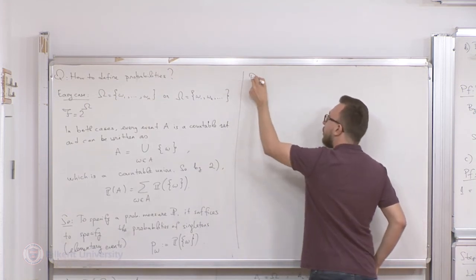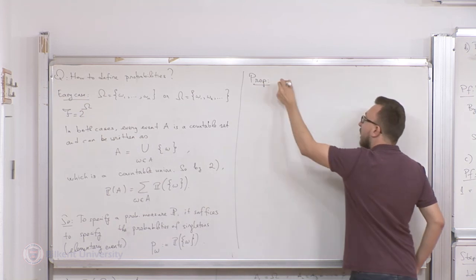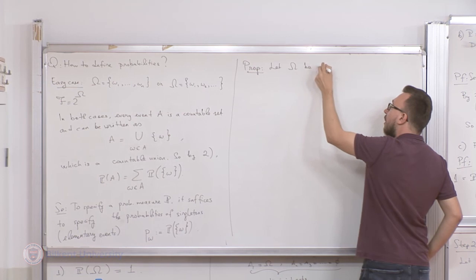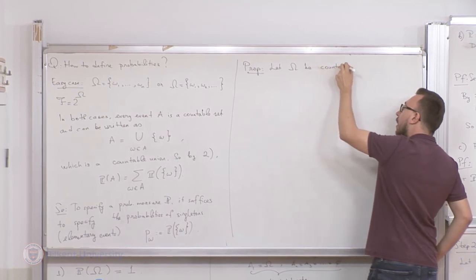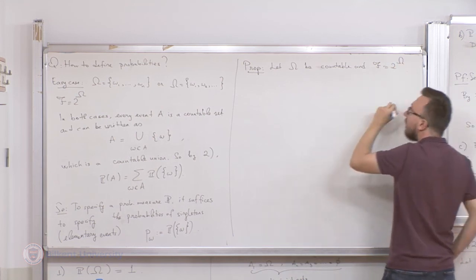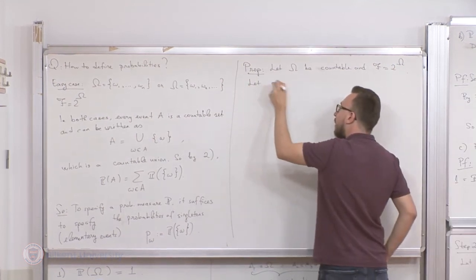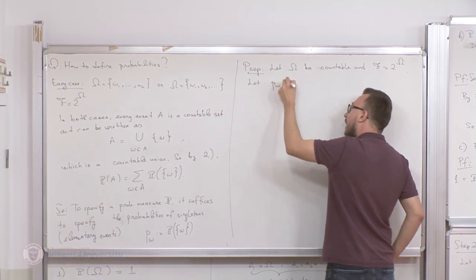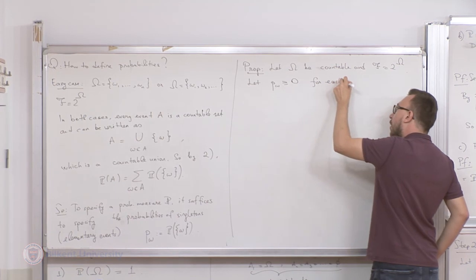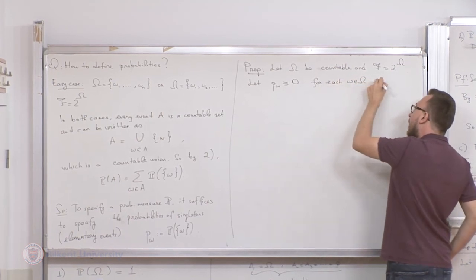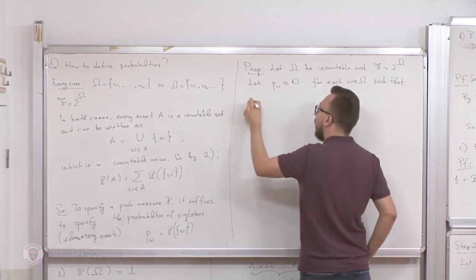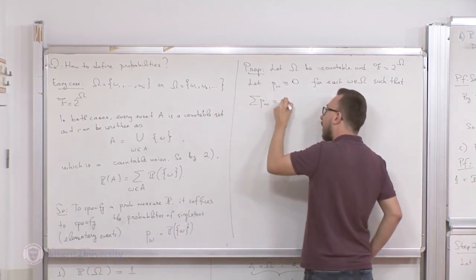So here's the proposition. Let omega be countable and F is the power set. Let P omega be a non-negative number for each omega in omega such that their sum is 1.